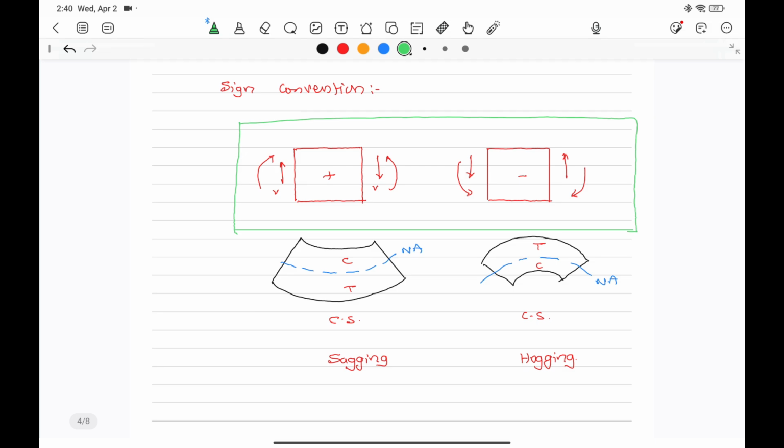A bending moment which causes tension in the top fibers and compression in the bottom fibers and causes hogging is taken as negative. A shear force acting upwards on the left-hand side and downwards on the right-hand side is positive. A shear force downwards on the left-hand side and upwards on the right-hand side is always negative.